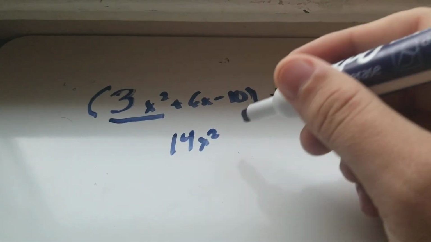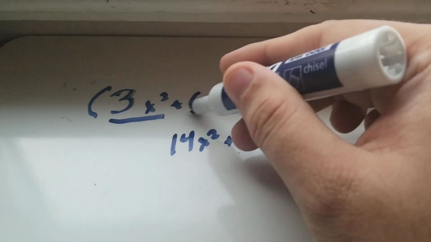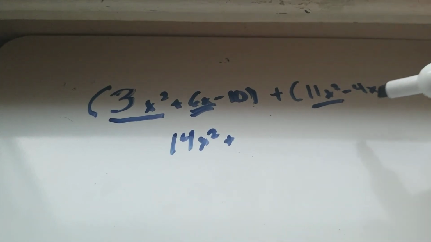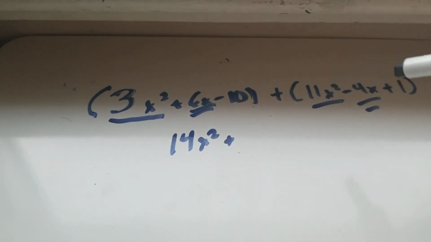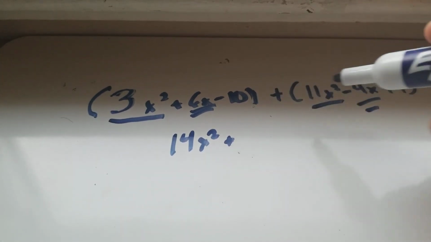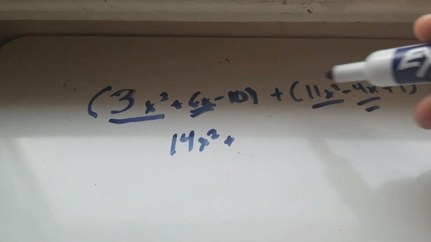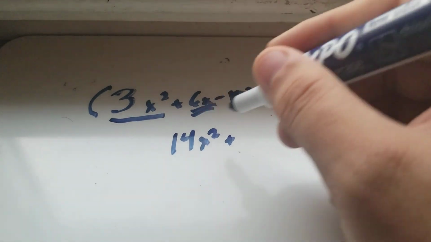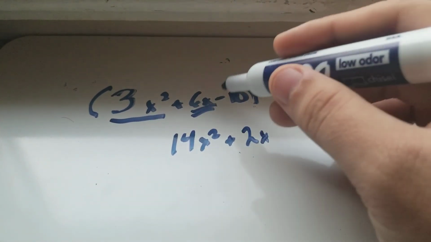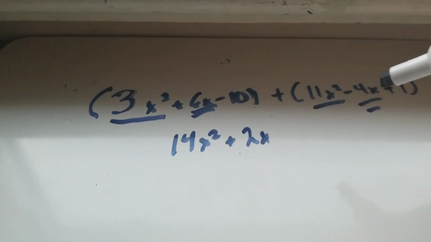6x minus 4x. This is 6x, so 1x to the 1 power, and negative 4x, which is x to the 1 power. So 6 plus negative 4, that's going to be 2x, because 6 plus negative 4 is the same as 6 minus 4.